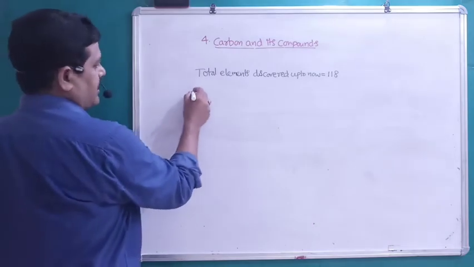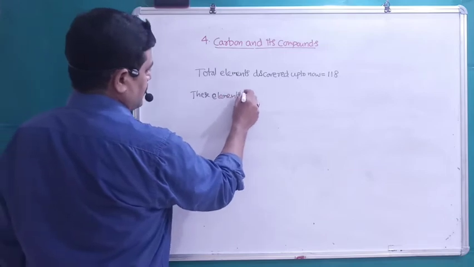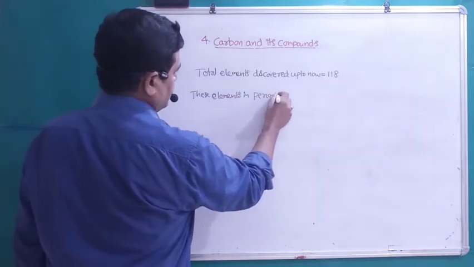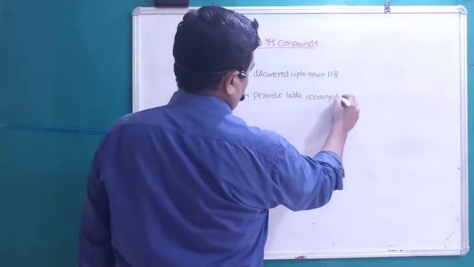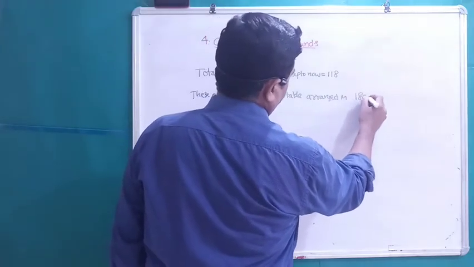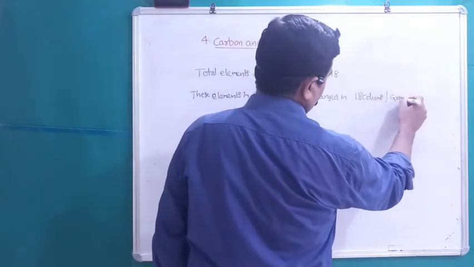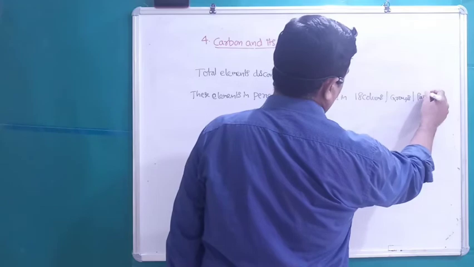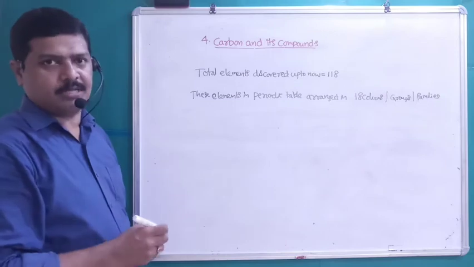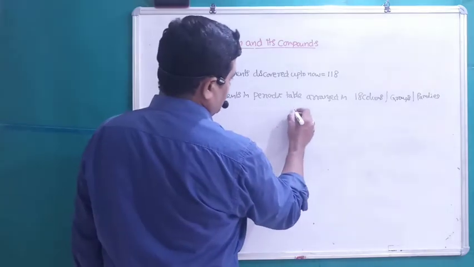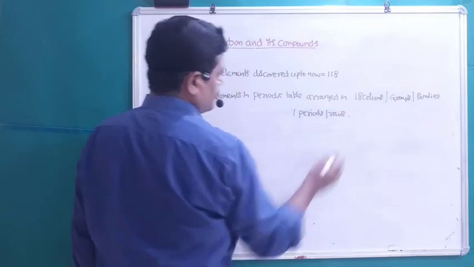These elements are arranged in the periodic table in 18 columns. 18 columns, also known as groups or families. And 7 periods. The rows are known as periods.